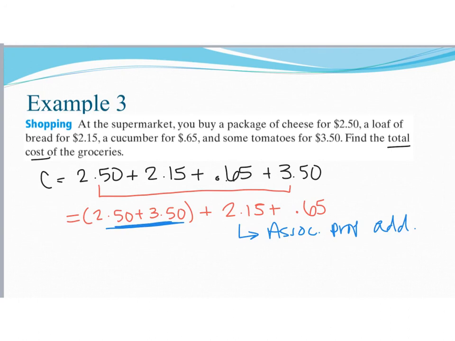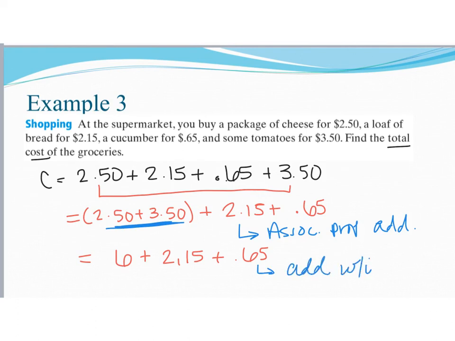So once I did that, 250 plus 350 is $6. Then I still have to add that to my $2.15 plus my 65 cents. So what I'm doing here, if I had to justify it, would be to add within the parentheses.